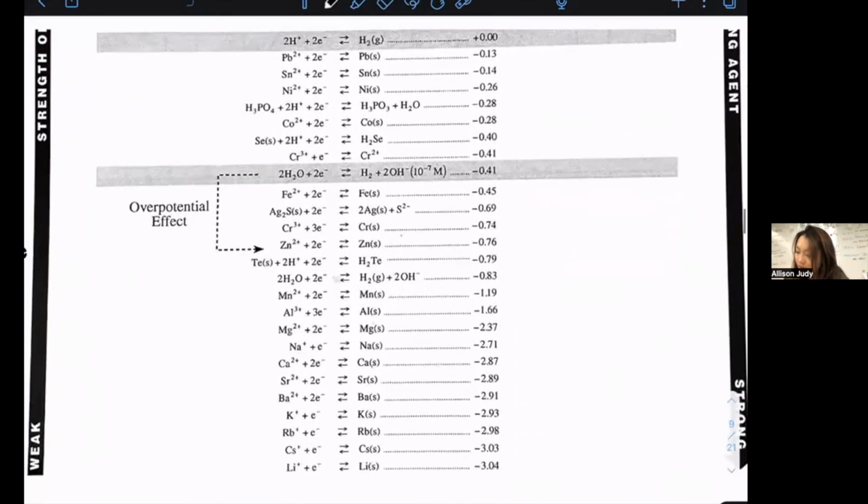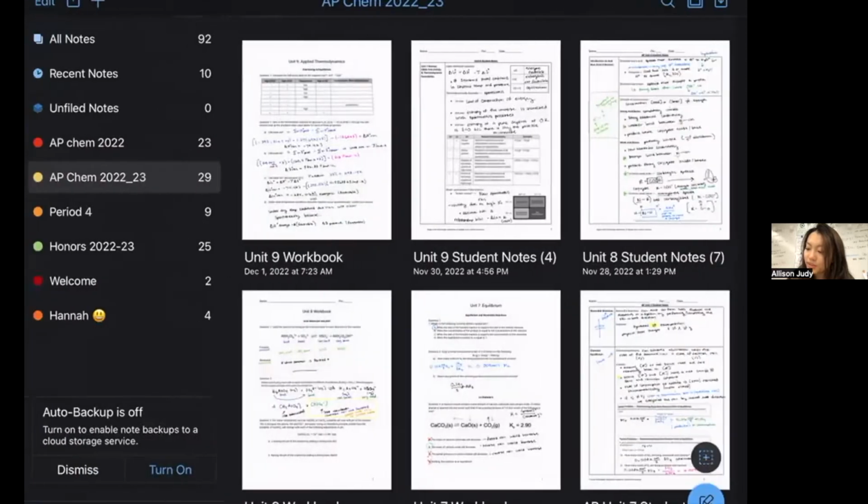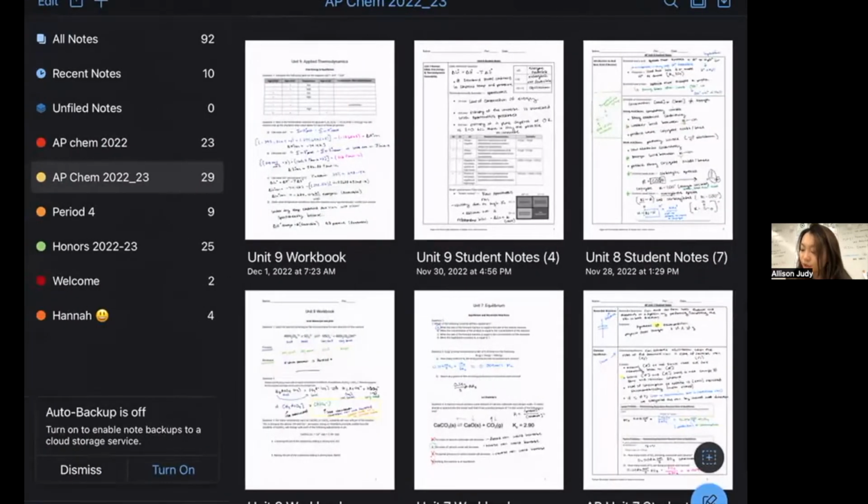The problem with this is that we can't flip it, because aluminum 3 plus is on the left side of the column, therefore saying that this species will only undergo reduction if we're talking about this specific compound form. So what we notice is aluminum 3 plus also undergoes reduction.